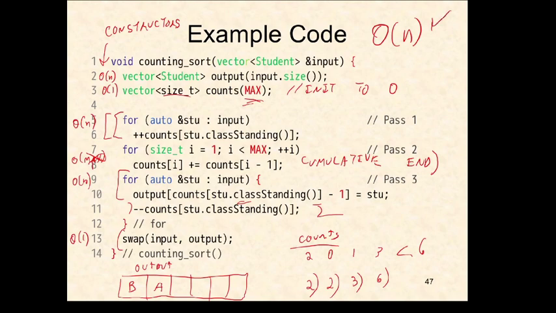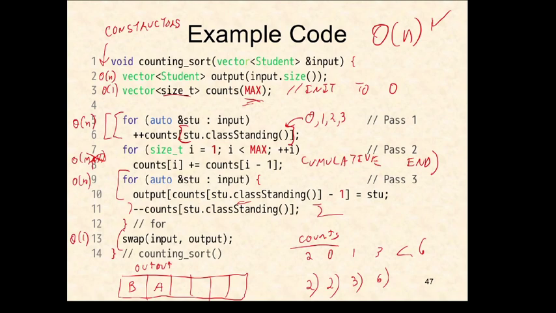But it has a restriction. The thing we're sorting on must have a small fixed number of values, and you have to know what the values are up front. When we did the class standing function, we sort of glossed over this, we assumed the class standing was like 0, 1, 2, 3 because we used it as an index.